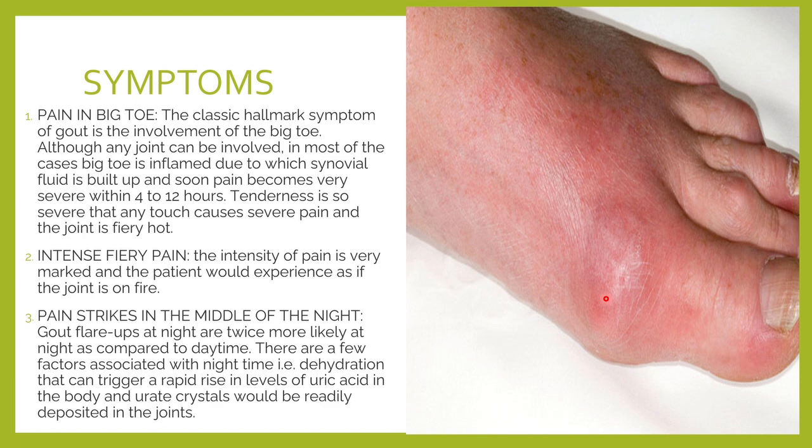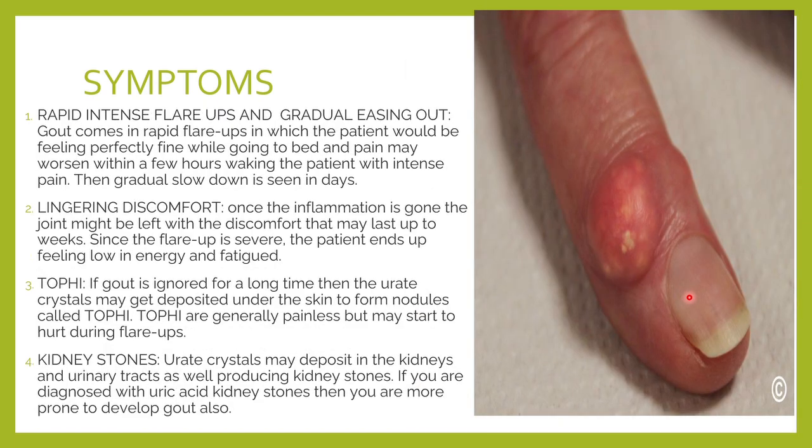The gout flare-up usually happens at night compared to daytime, because at night the dehydration can trigger a rapid rise of uric acid level in the body, and then you can get an attack. Sometimes you will get redness, shiny skin, swelling, etc. There will be rapid intense flare-ups, and gradually the pain also will come down.